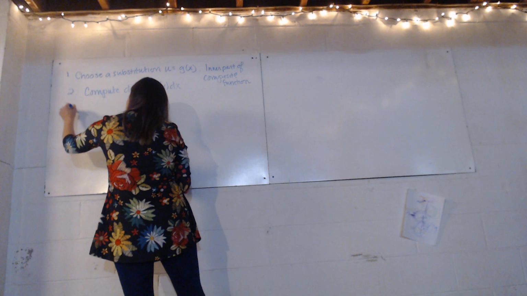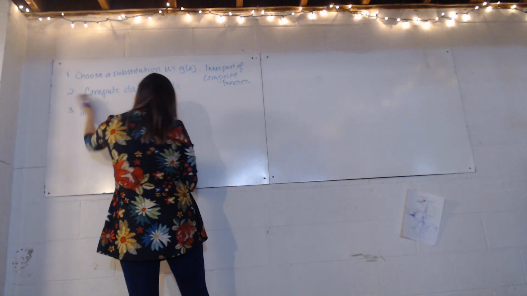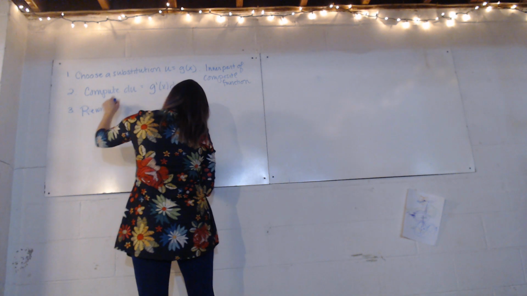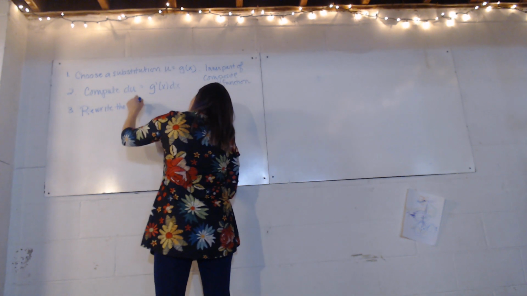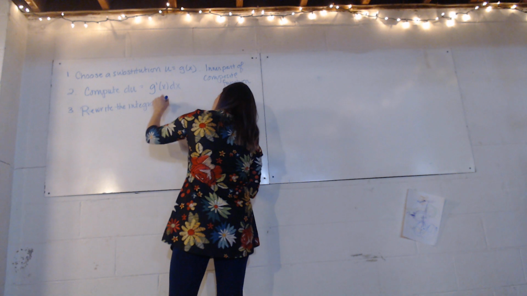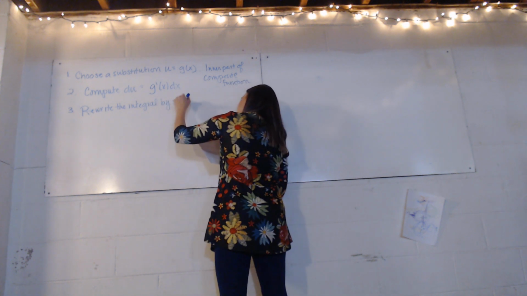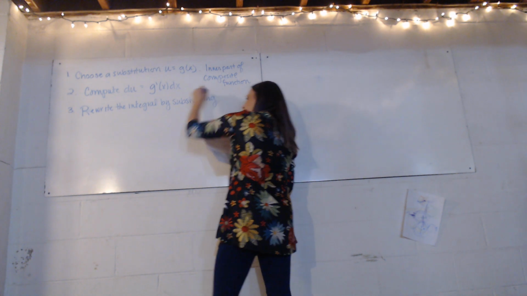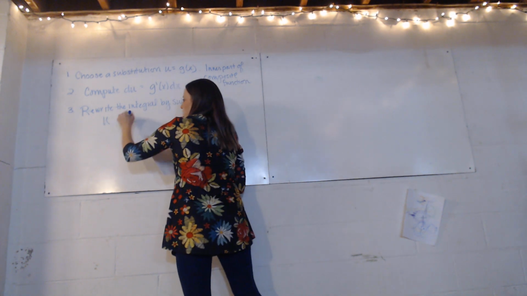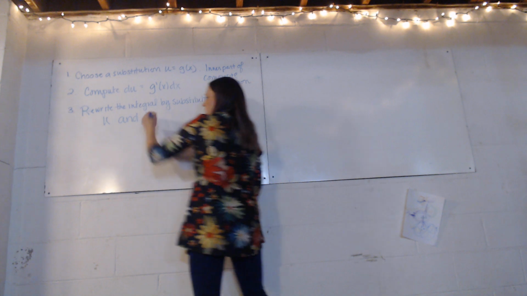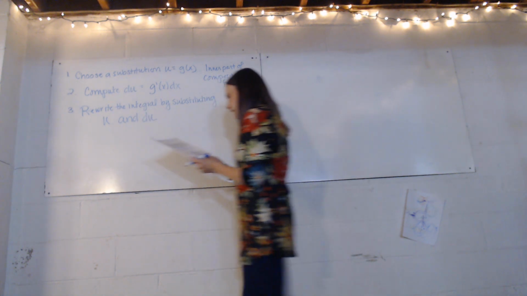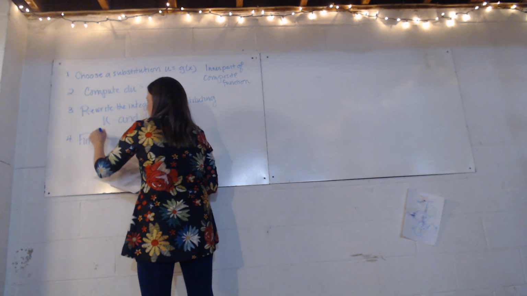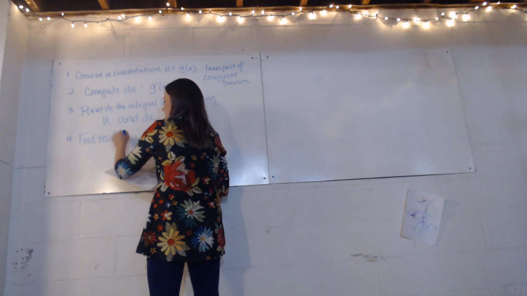And then you rewrite the integral by substituting basically your u and your du. You'll see me do that in a minute. Then you find your resulting integral, so it'll be much simpler to integrate.